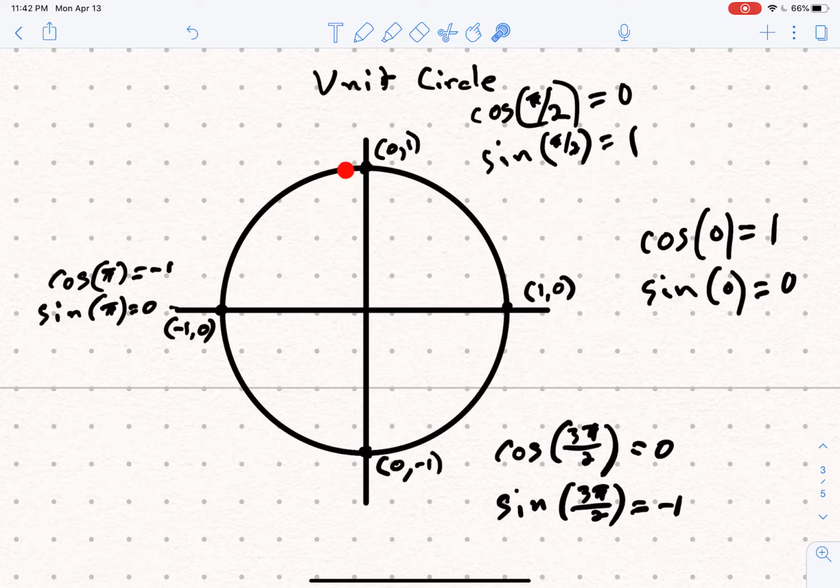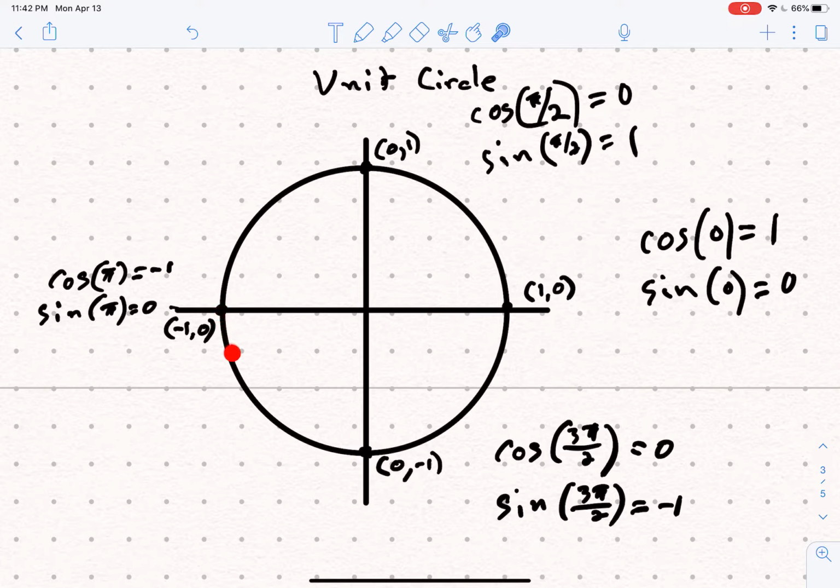The point is still going to the left, so the x-coordinate is getting smaller. It's now getting more negative, getting closer and closer to -1. So it goes from 0 down to -1. That's the lowest point that cosine reaches. And then it turns around and starts heading to the right again, which means it's getting bigger.